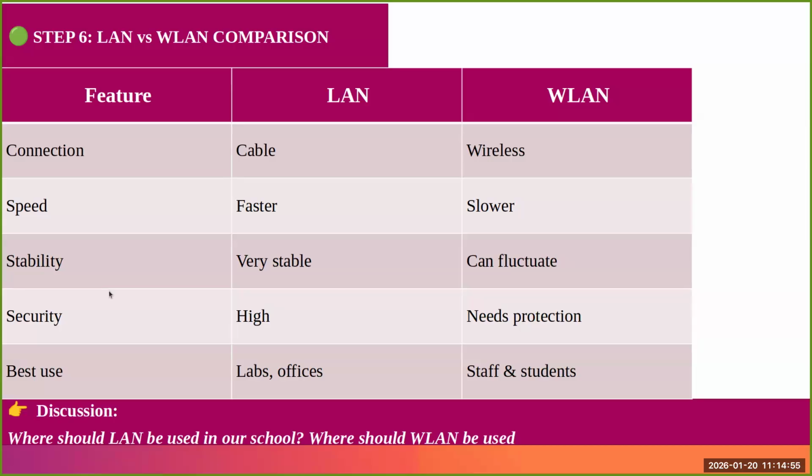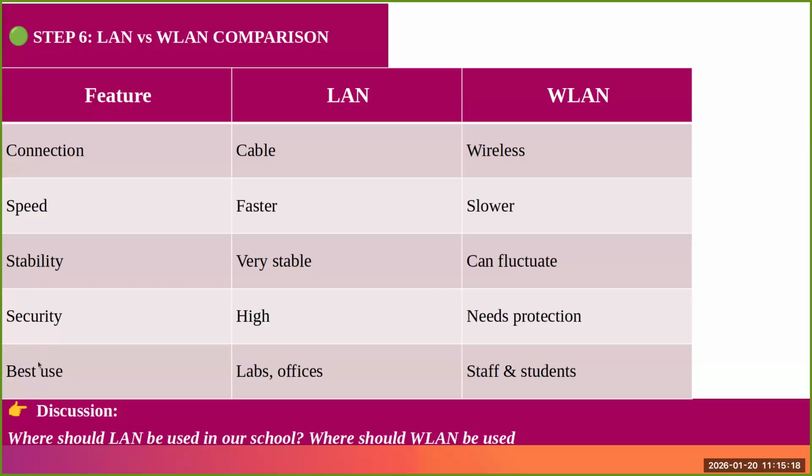In terms of security, security for LAN is very high because, as I told you just now, it needs physical intrusion for a cable to be connected. While WLAN needs to be protected, you must put in firewalls, put in rules, put in password. Otherwise, everybody will have access.